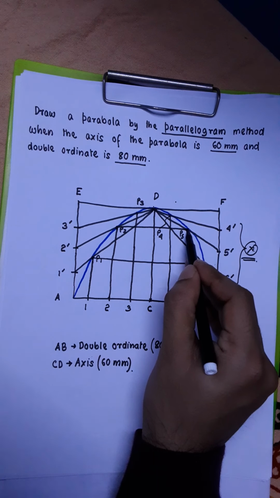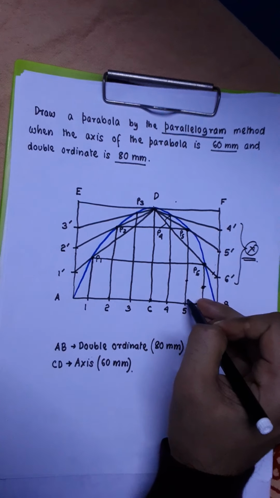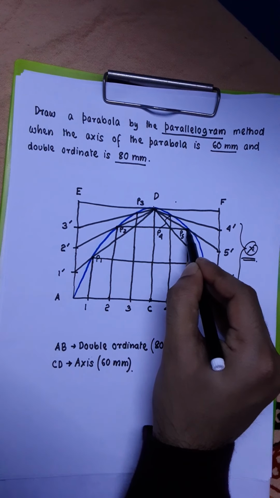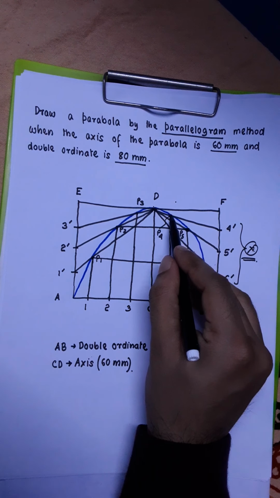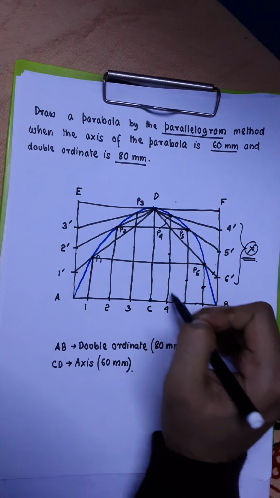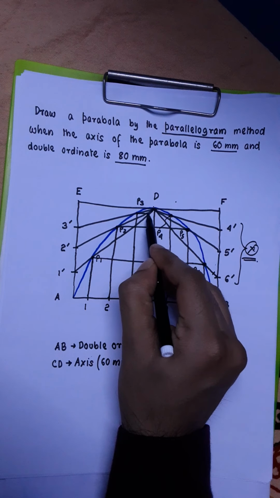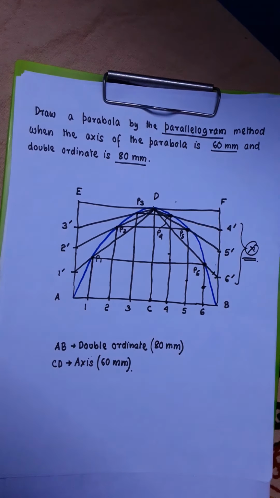So P5 is also the point where the horizontal line originating from P2 and the vertical line originating from the point 5 meet. Similarly, point P4 is the intersection of the vertical line originating from the point 4 and a horizontal line originating from the point P3.